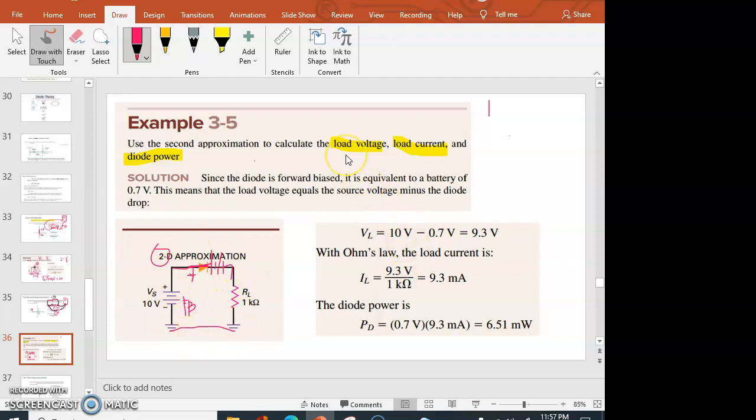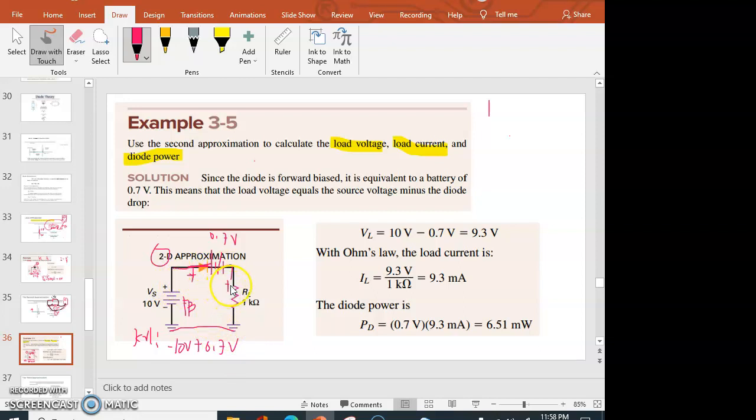If we are asked for the load voltage, as you can see, the diode has 0.7 volts. Applying KVL, we enter the negative 10 volts, then the positive 0.7 volts, the terminal of the diode.